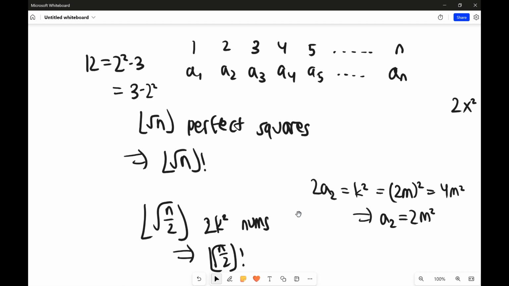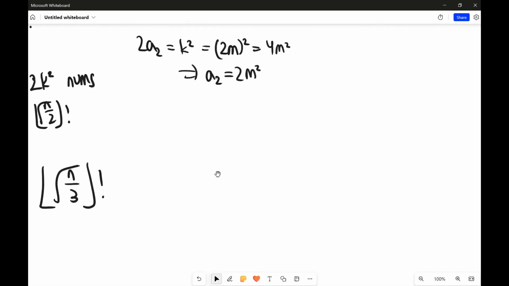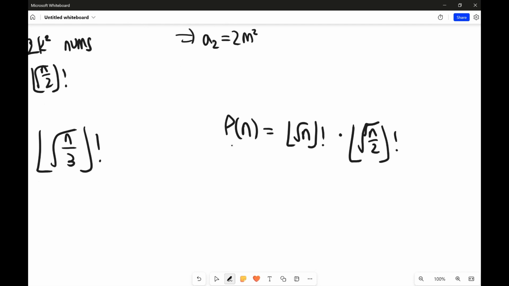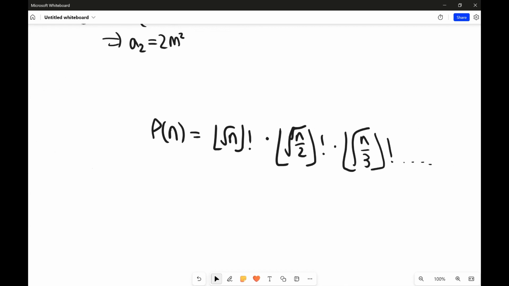So we have a specific expression: P(n) is equal to floor of root n factorial, times floor of square root of n over 2 factorial, times floor of root n over 3 factorial, and so on, where the denominator goes over all square-free integers less than or equal to n.